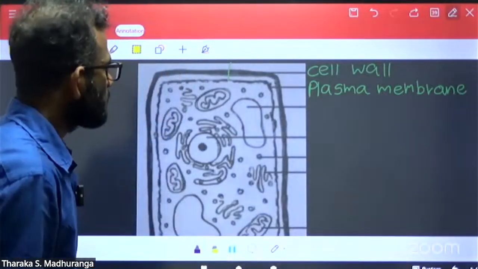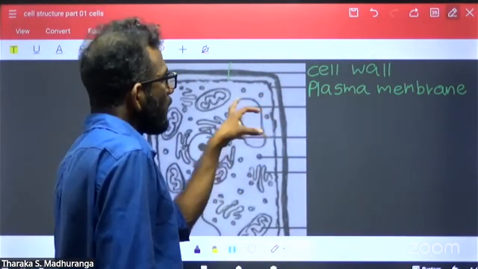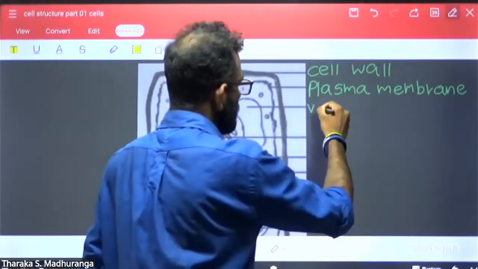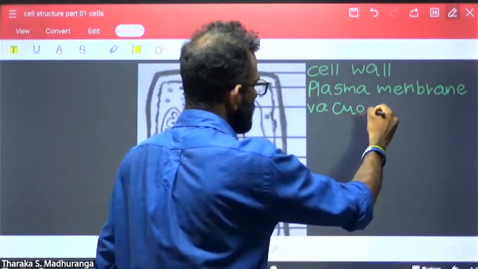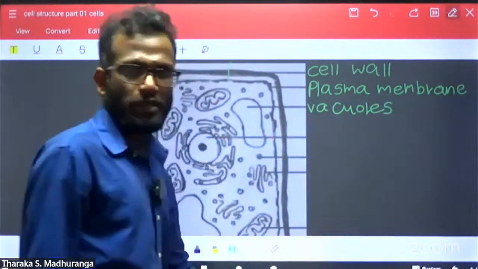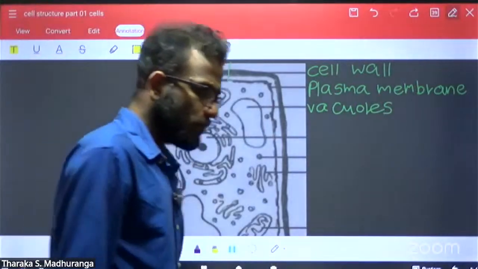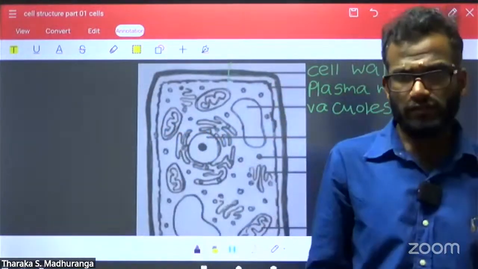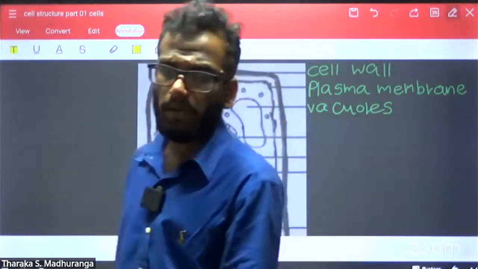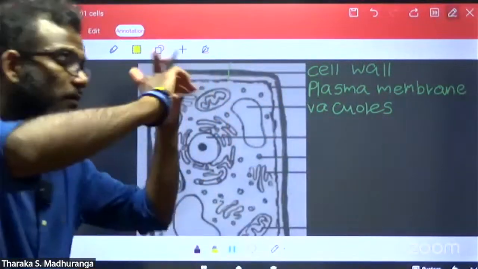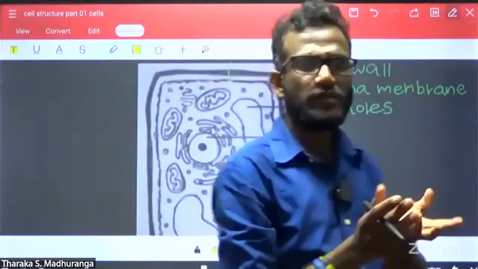Okay, these are vacuoles. The vacuoles are important for the water balance of the cell. Water balance of the cell is maintained by the vacuoles. Animal cells don't have large vacuoles.